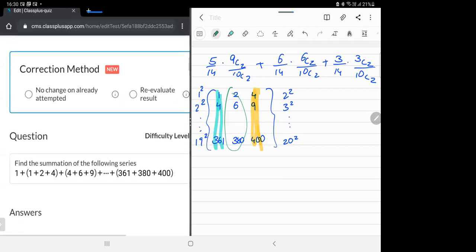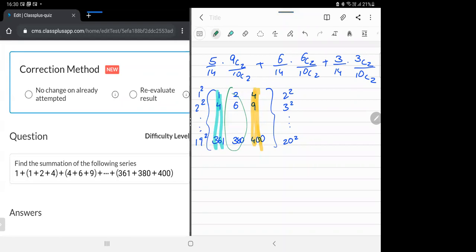So 380 is 19 into 20. This is 2 into 1, 2 is 2 into 1, 6 is 3 into 2, and that's how you go till 380, which is equal to 19 into 20. So this thing is multiplication of two consecutive numbers.